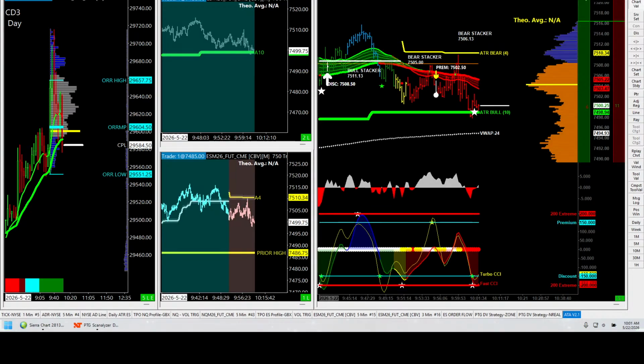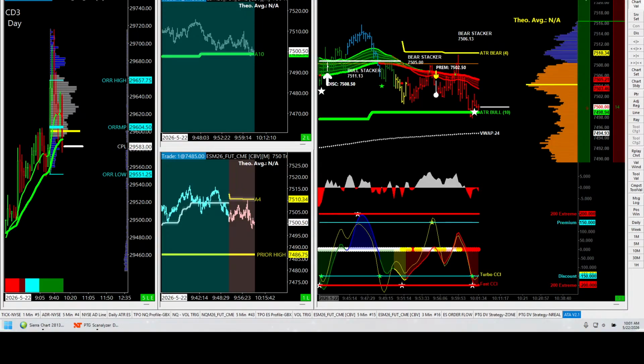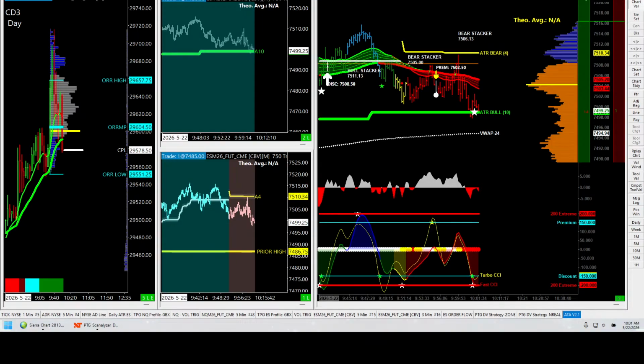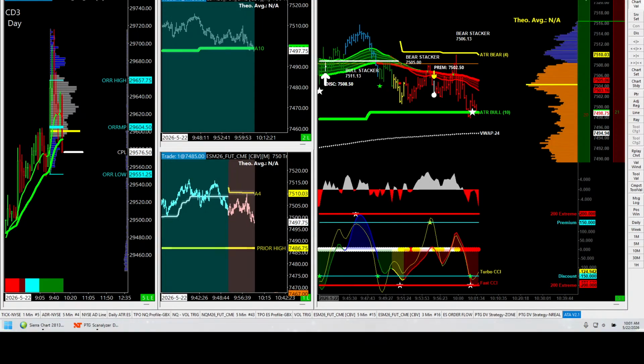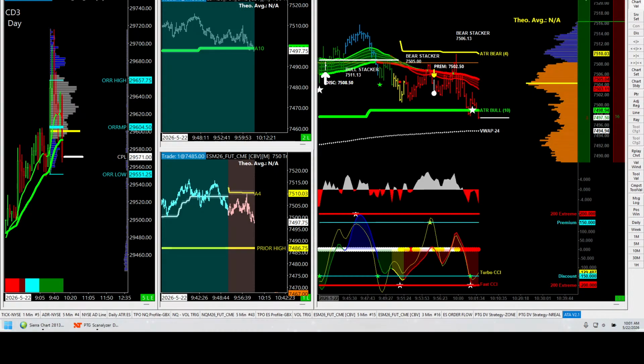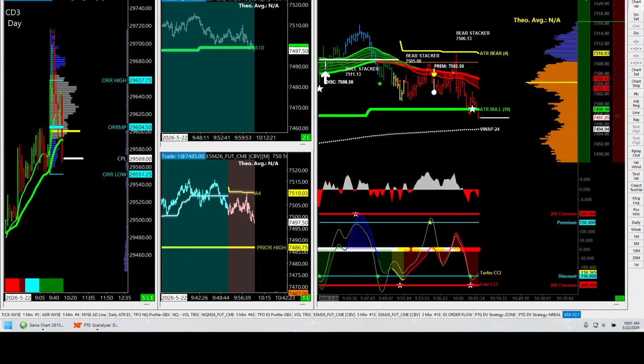Now, if you're looking for any further extension lower, the next target would be prior high. That would be the next level, prior high.